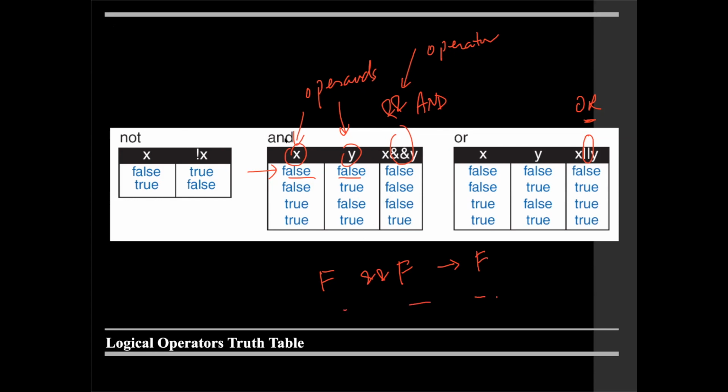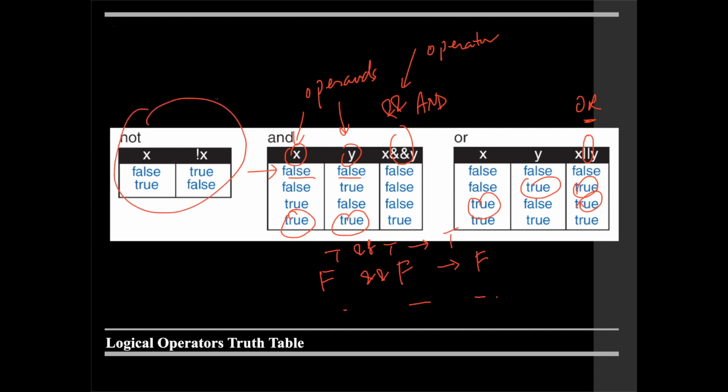So with respect to this operator AND, if any one of the operands is false, it gives you false. In order for this entire binary expression to be true, you'll have to make sure that both operands are true. Okay, so that's AND. And for OR, if one of them turns out to be true, then the end result is true. So this is very different from AND.